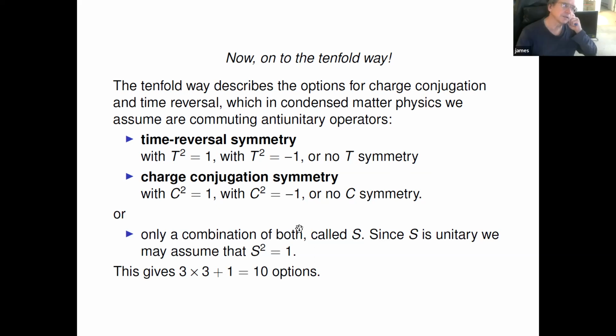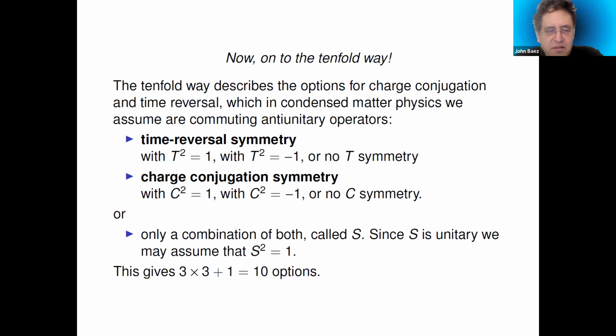But then it turns out that there are physical systems which only have a combination of both charge conjugation and time reversal symmetry. That is, you have to switch particles and antiparticles and reverse the direction of time. In condensed matter physics, they call that S symmetry.